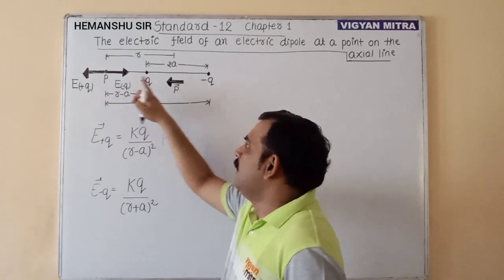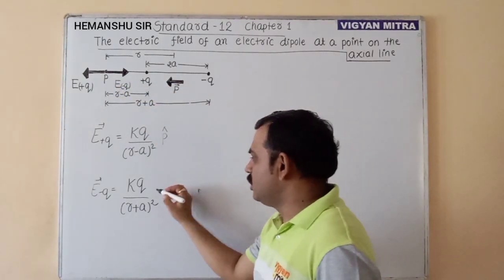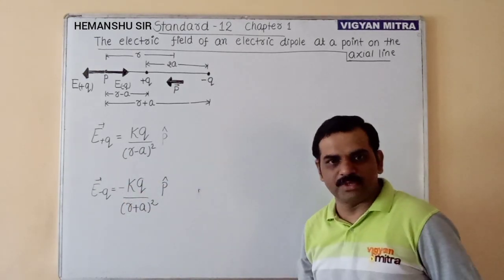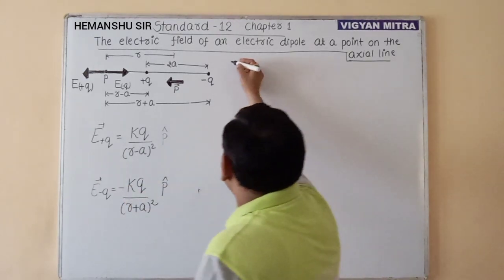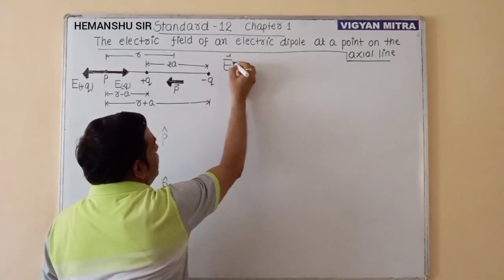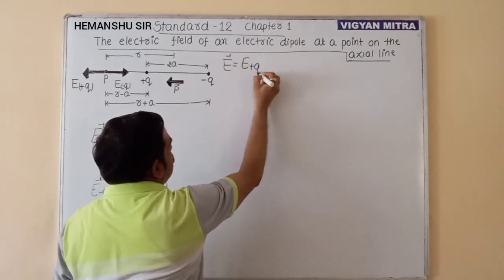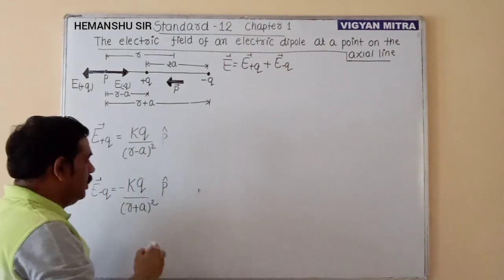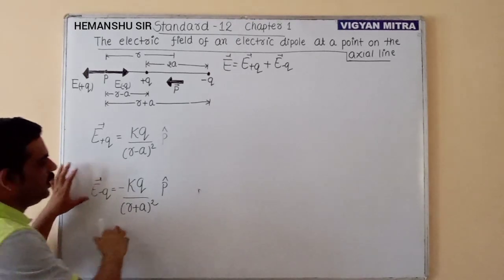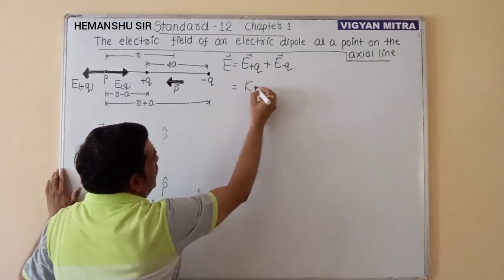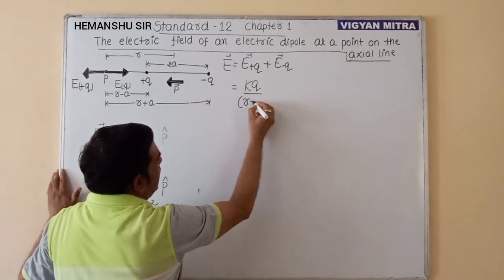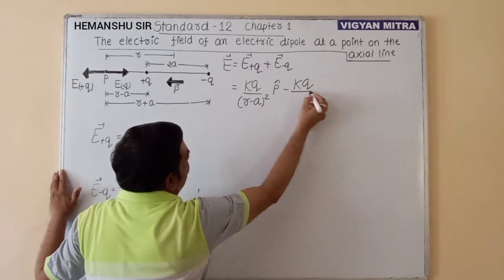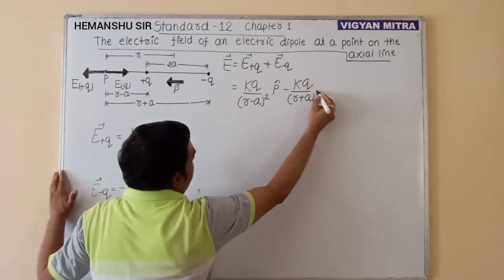Here the electric field and dipole moment are in opposite directions, so it is minus KQ by R plus A whole square into P cap. Total electric field at point P is given by E plus Q plus E minus Q. Substituting the values of E plus Q and E minus Q: KQ divided by R minus A whole square P cap minus KQ by R plus A whole square P cap.